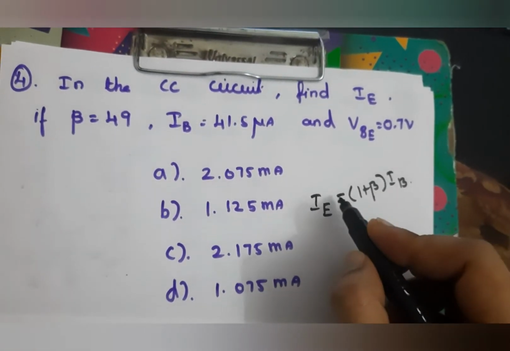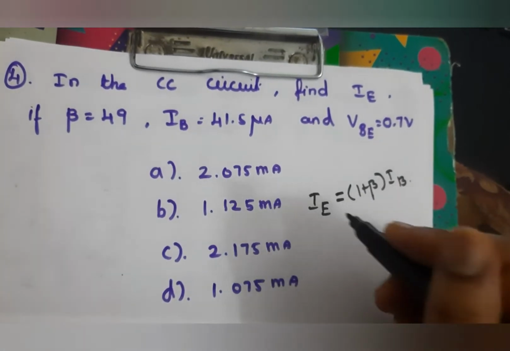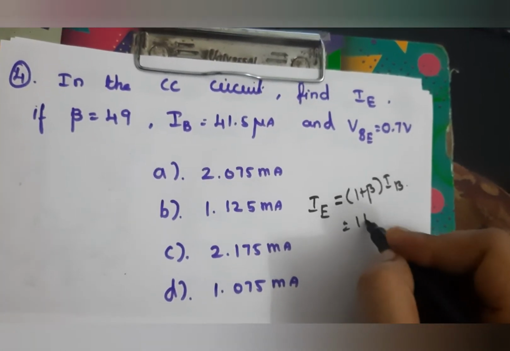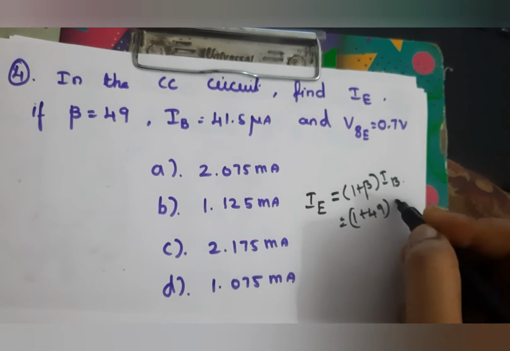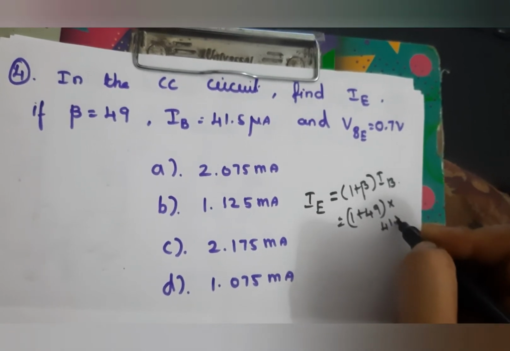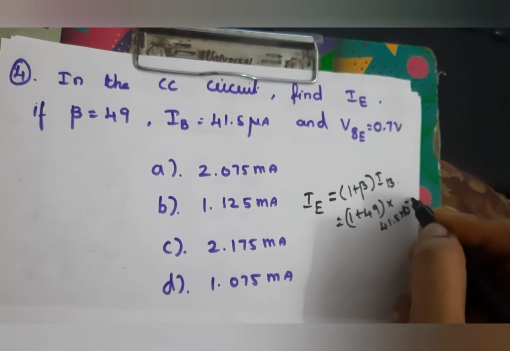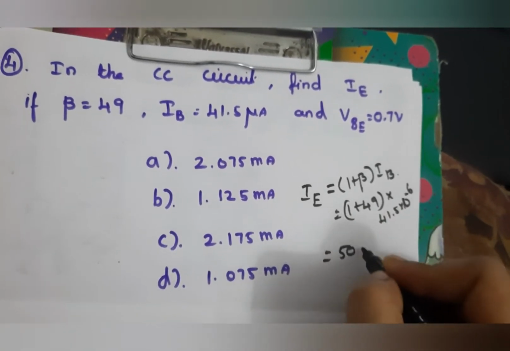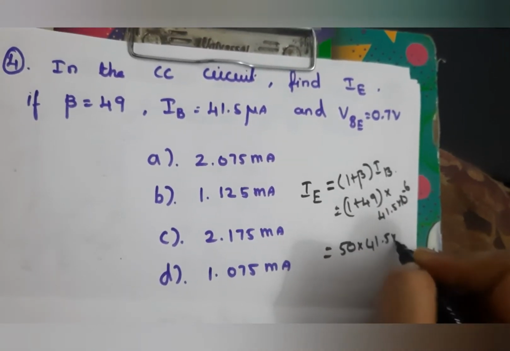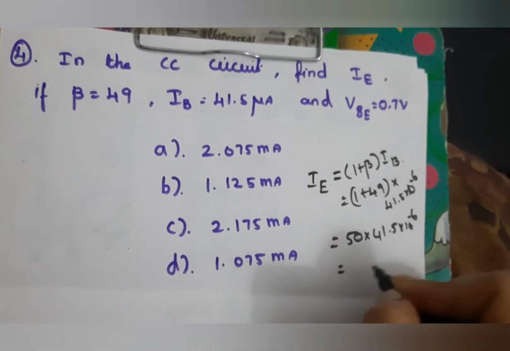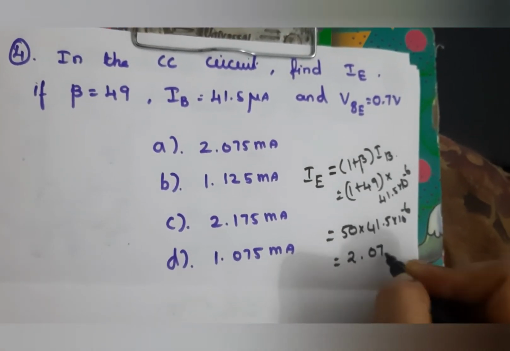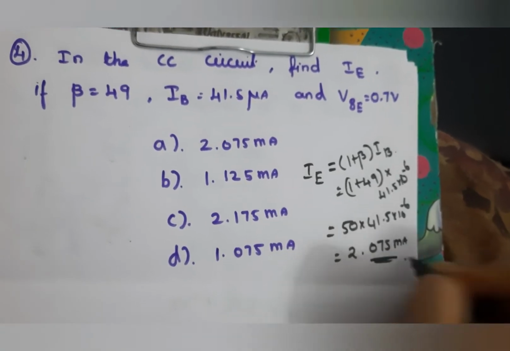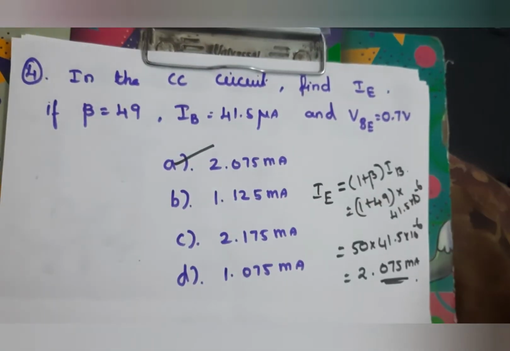So this is the relationship between IE, beta and IB, and we know the beta value, that is 49, and we know the IB value, that is 41.5 into 10 to the power minus 6. So solving this, 50 into 41.5 into 10 to the power minus 6, we will get 0.075 milliamps. So here the answer is A.